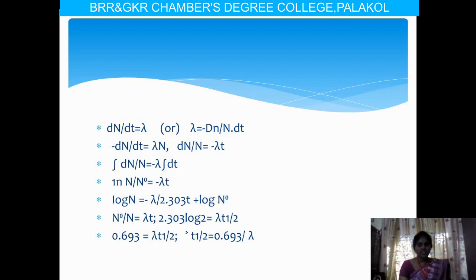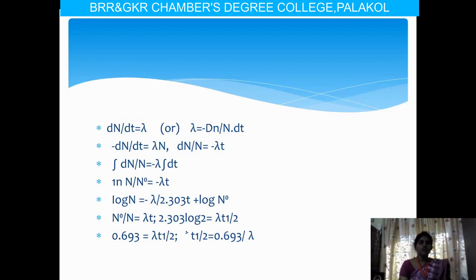Carrying out integration between the limits of N0 radioactive atoms existing originally and N radioactive atoms remaining after time t, we get ln N by N0 is equal to minus lambda t. So log N is equal to minus lambda by 2.303 t plus log N0.